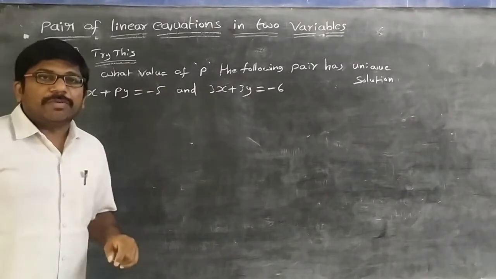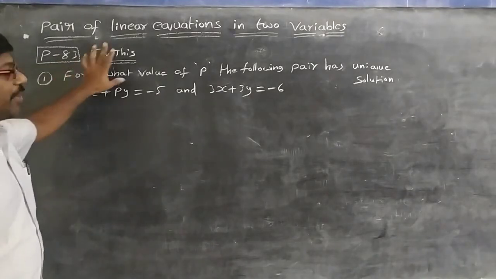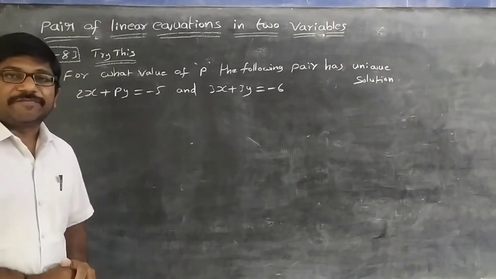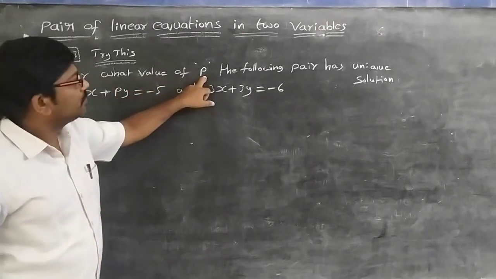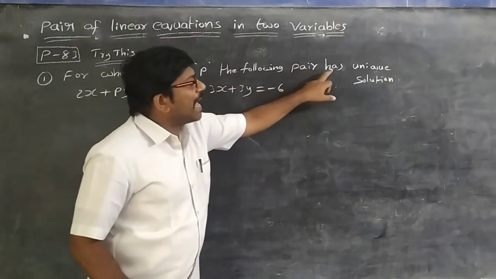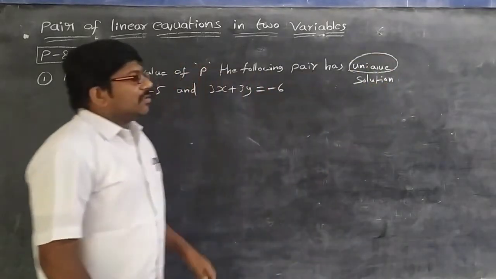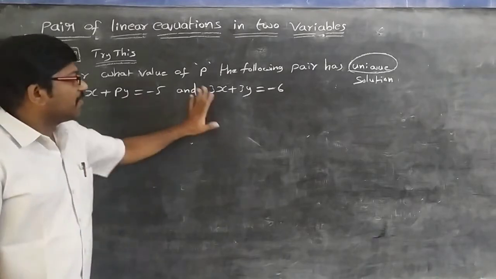Yes, go for the next two problems. Page number 83 in the textbook. Try these problems. Yes, these are very important problems. Observe carefully. For what value of p does the following pair have a unique solution? See, the given system of equations means a pair of linear equations.